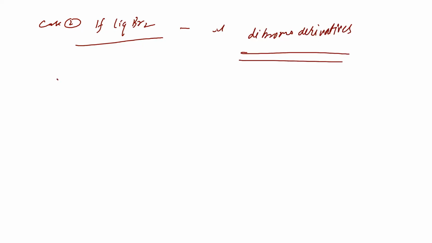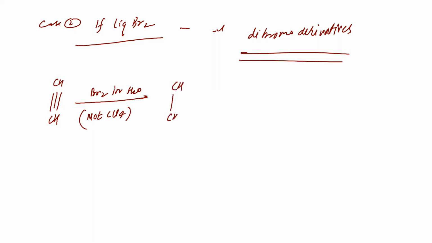Let me tell you, it can be CH triple bond CH, and you are dealing with Br2 in H2O, not CCl4. You are not taking CCl4. So the product you will achieve, student, here is single CH, and here is Br, here is again Br, again Br.